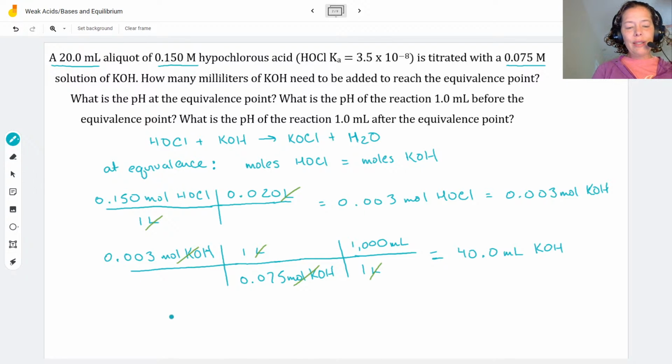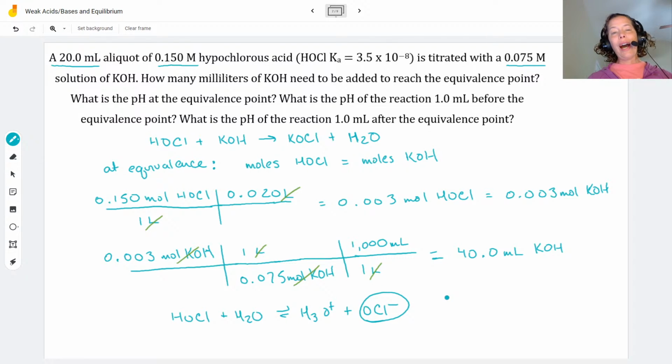And what happens when you have weak acids in aqueous solution? Okay, yeah, they make hydronium, but they also make conjugate base right here. So I have the conjugate base of hypochlorous acid in aqueous solution. Well, what is true about the conjugate base? It is a weak base.